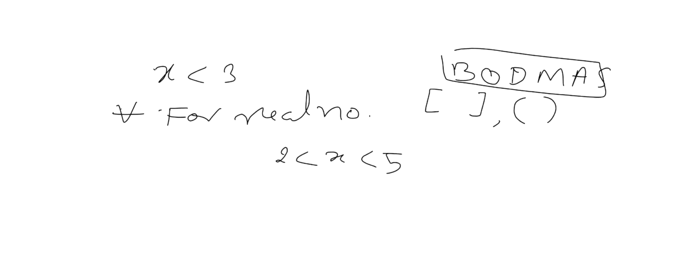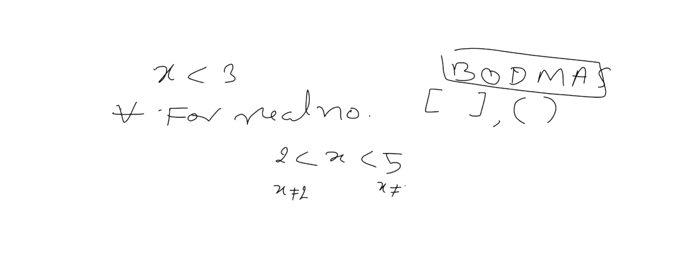It may be rational, may be irrational. It is more than 2 but not equal to 2. Here x does not equal 2. x is more than 2 and less than 5. x does not equal 5.